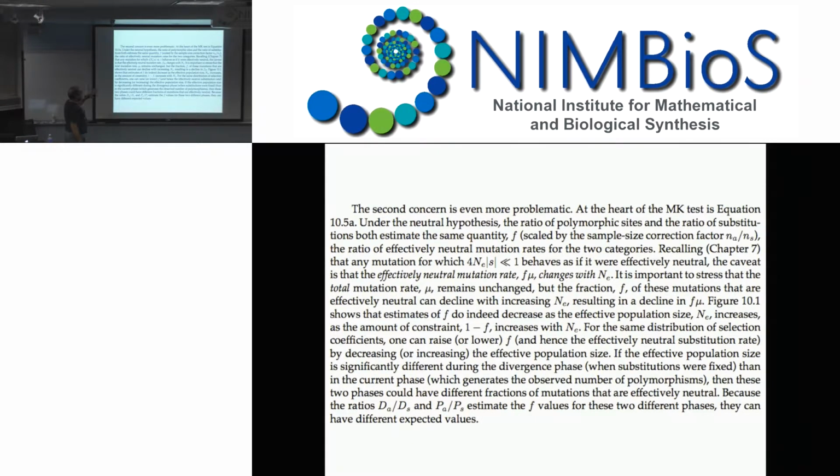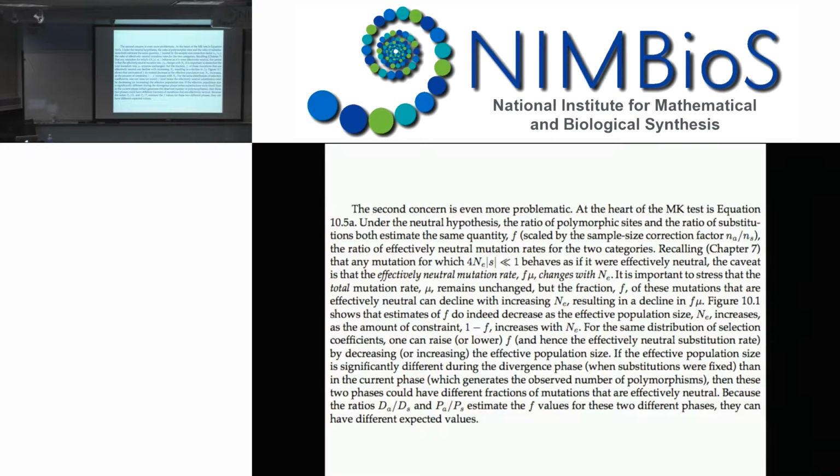So as I mentioned, one issue with McDonald-Kreitman, besides segregating rare deleterious alleles, the second issue is this. Your effective mutation rate is F times mu for your replacement sites. In McDonald-Kreitman, you're assuming that that value of F is the same for polymorphisms as it is for divergences.